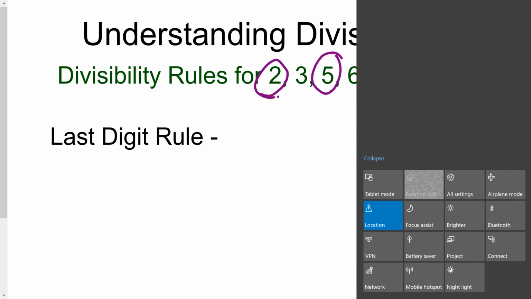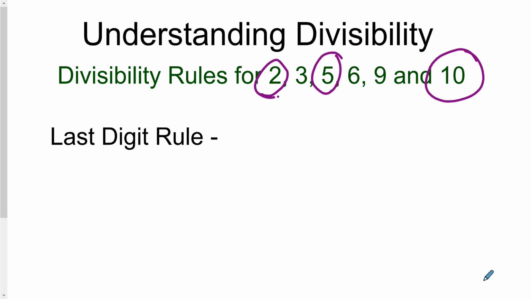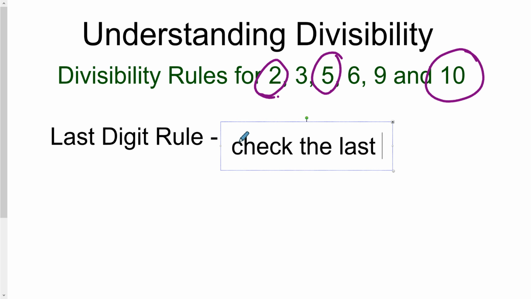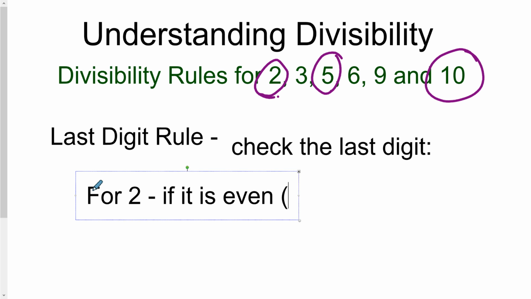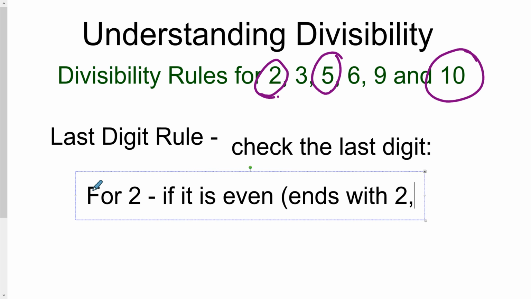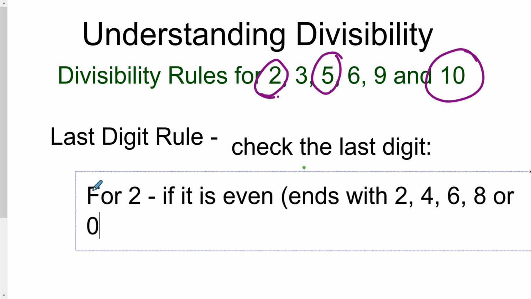So really all we need to worry about is that last digit. So what we do is we check the last digit. For 2, if it is even, which means that it ends with 2, 4, 6, 8, or 0, it is divisible by 2.